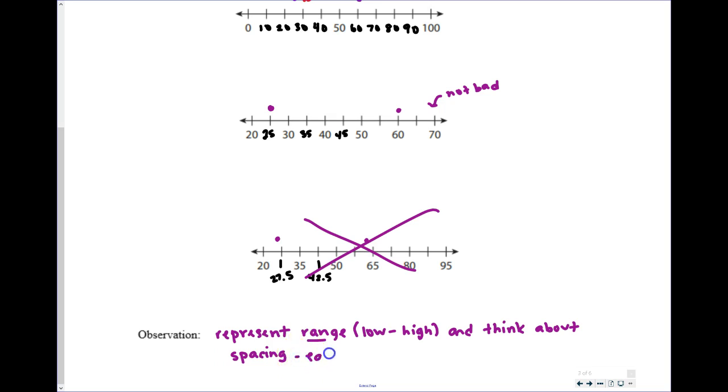You also want it to be easy to read and estimate, right? That 27.5 is really awkward. And this is going to come up in this entire unit, this idea of creating scales on your own. Okay, so we're going to have to practice that a lot in this learning target. More importantly than making the dots in the right places, I'm going to care a lot about how you create your scales.